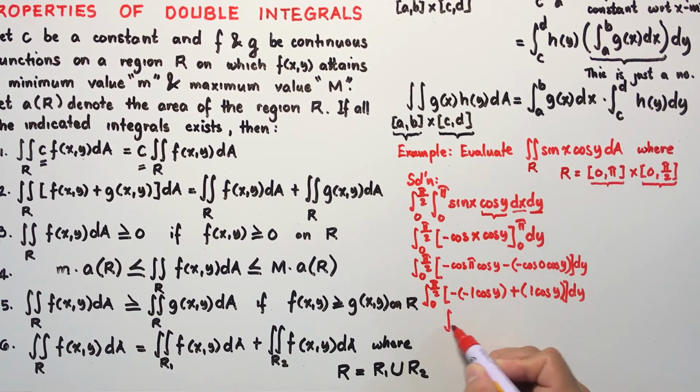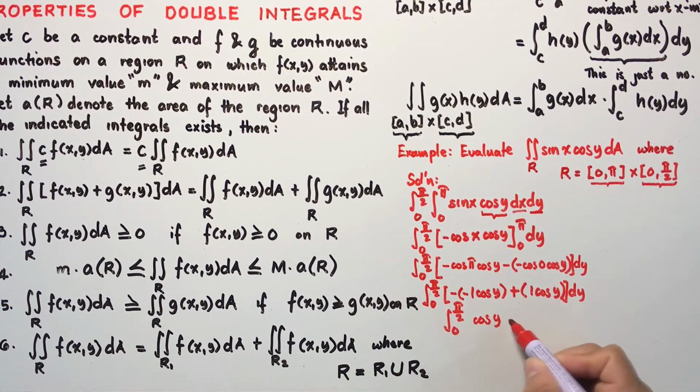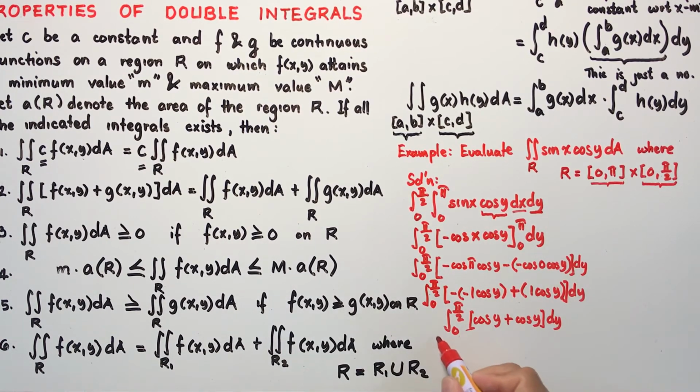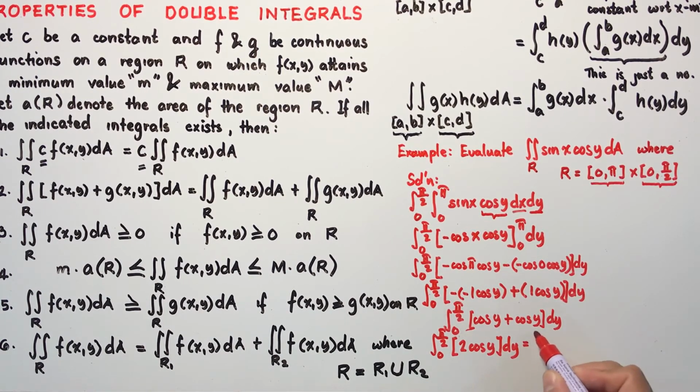So what you will have is the integral from 0 to pi over 2 of cosine y plus cosine y. So we have here from 0 to pi over 2 of 2 cosine y dy. And the integral of cosine y is sine y. So we have 2 sine y evaluated from 0 to pi over 2.